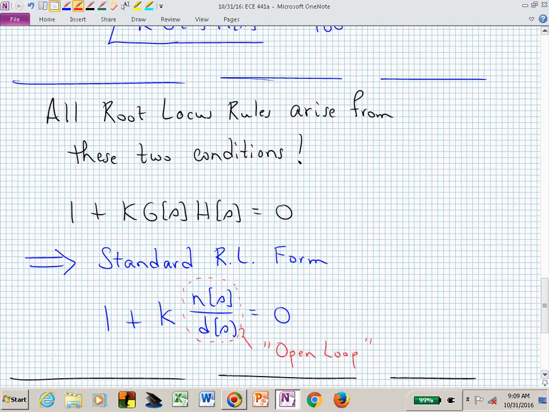Typically we write this 1 plus k g of s h of s as having a numerator polynomial and a denominator polynomial, and we refer to little n of s and little d of s as our open loop, and that's in quotes. They may not actually be the open loop. It may depend on how the system is configured, but we will just refer to those as the open loop poles and zeros. That's our standard root locus form.